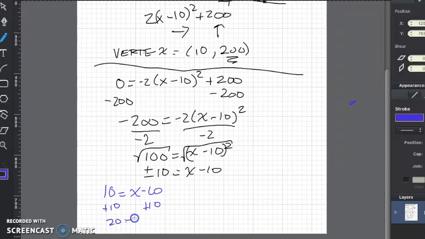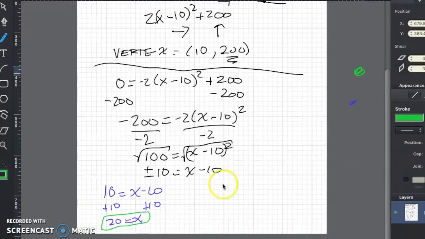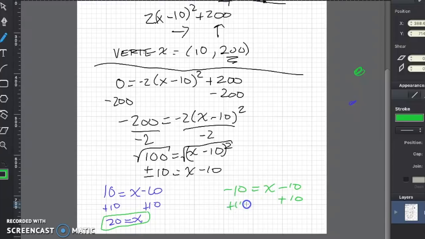So I have x is equal to 20 as one of my answers. And then on this side, I'll have a negative 10, x minus 10 is equal to negative 10, so when I add 10 to both sides, I get x is equal to 0 in this case, okay?